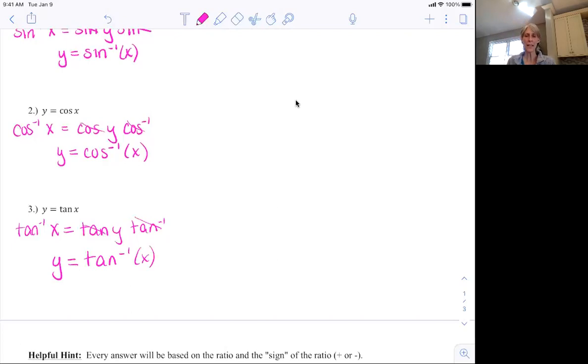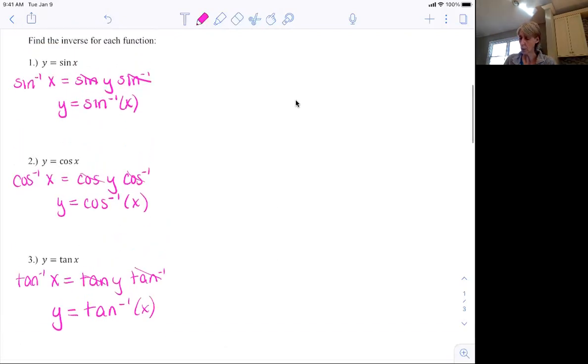Now, in each of these cases, I want to just go back up. In this form, okay, right? Let's say we did this, it would be sine of 30 equals what, right? In this form, switch x and y.